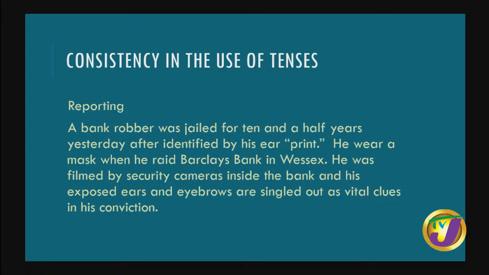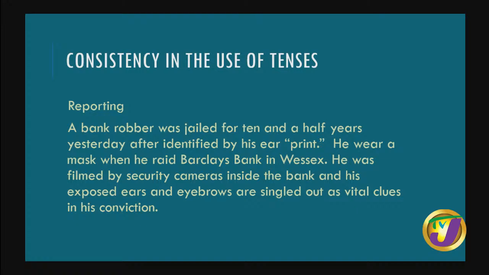He was filmed by security cameras inside the bank, and his exposed ears and eyebrows are singled out as vital clues in his conviction. Now, a reporter is writing that, but there are some errors in the tenses. So let's see if we can identify them.